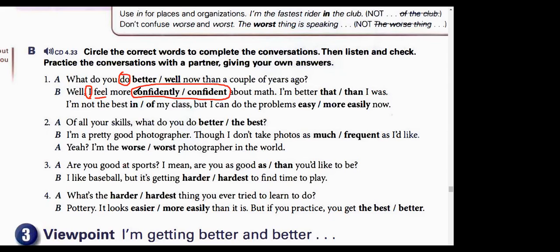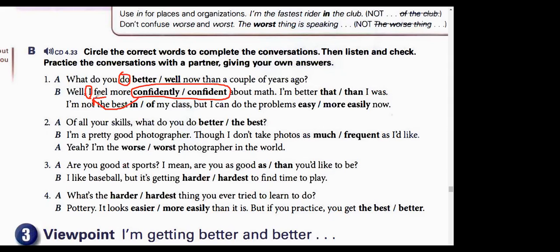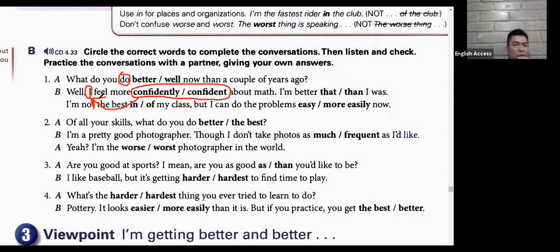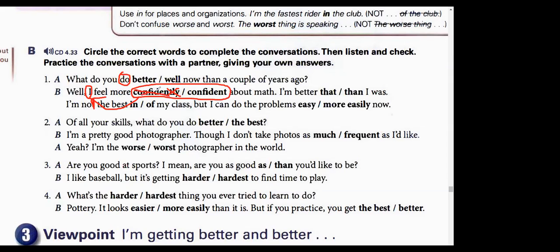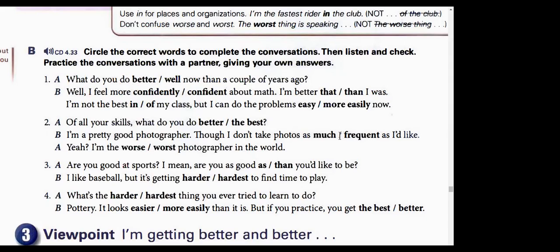It's an adjective. Why? Because we're describing the subject. Myself. Exactly. So if we're describing the subject, we don't need an adverb. So no, I feel more confident. And we use confident. Yes? Yes, teacher.